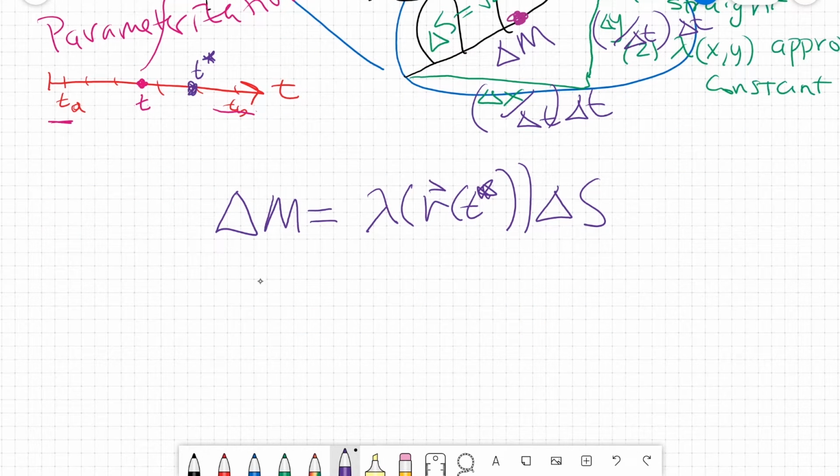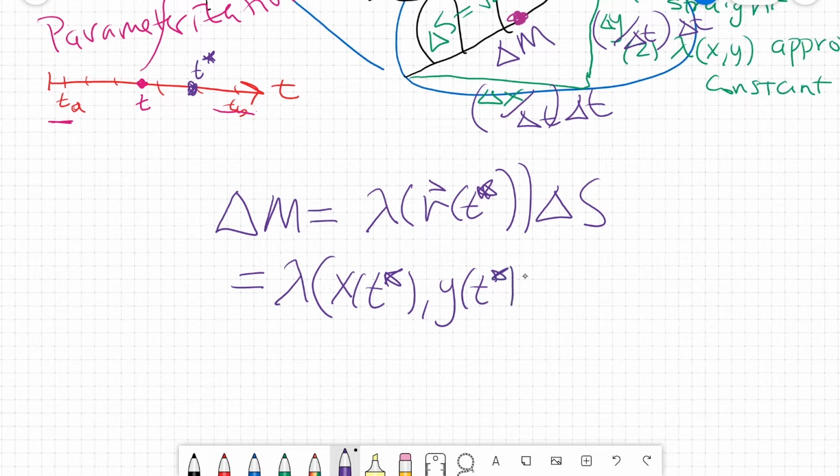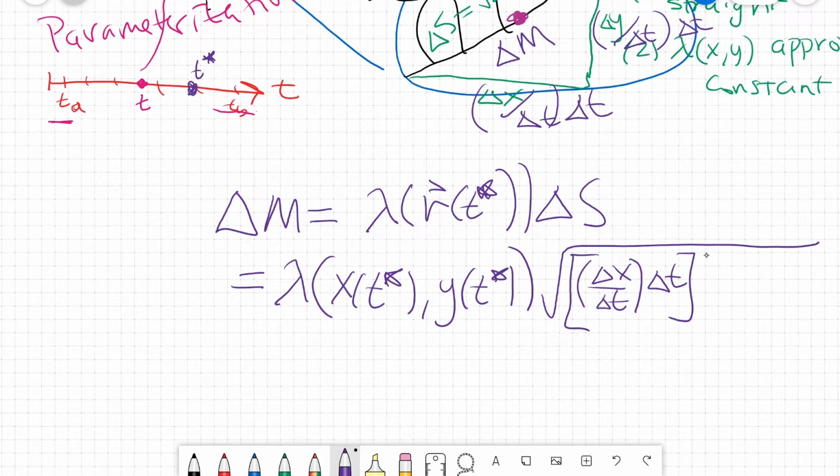Thus we have that delta m is equal to lambda at x of t star, y of t star, coming from our parameterization, times delta s, which we now have a formula for by the Pythagorean Theorem. It's equal to the square root of delta x over delta t times delta t squared plus delta y over delta t times delta t squared.